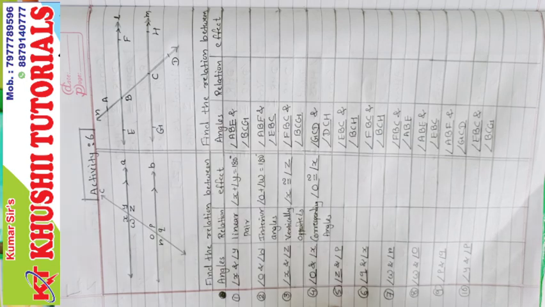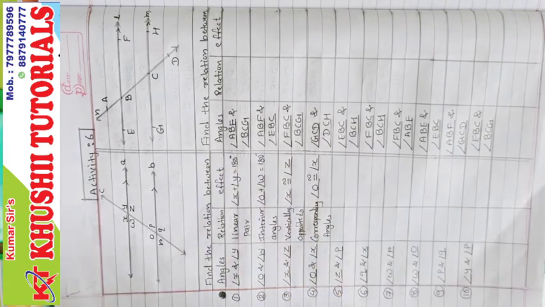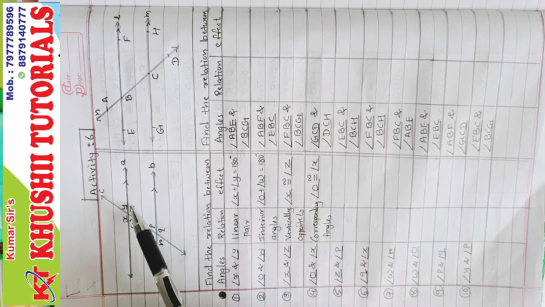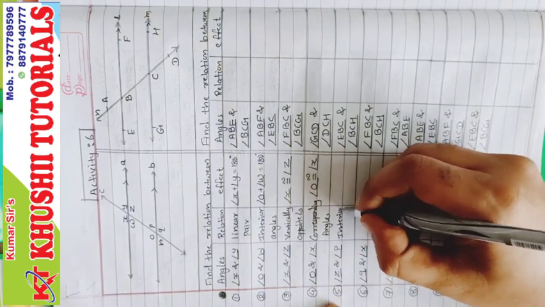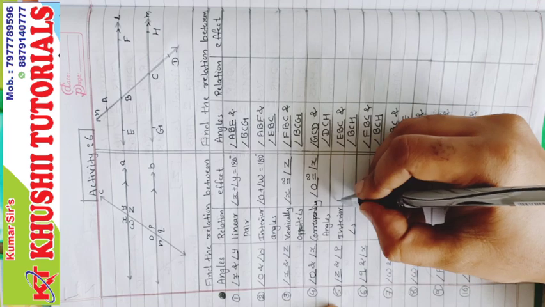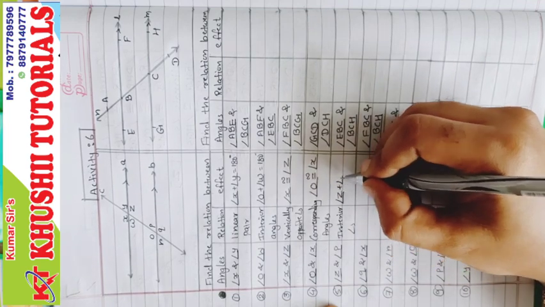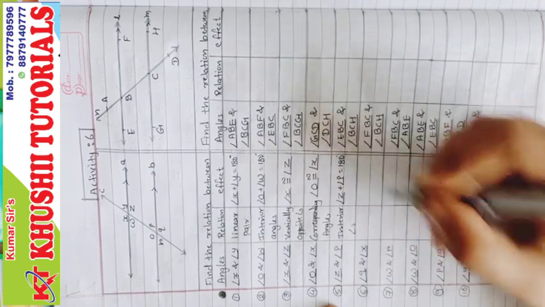The next, Z and P. Again they are interior angles, right? Interior angles are supplementary, so angle Z plus angle P equals 180 degrees.